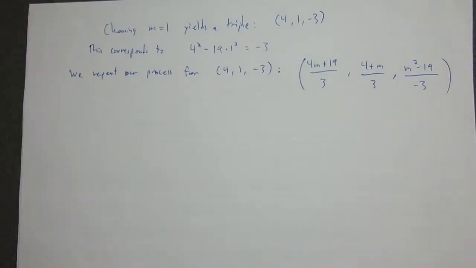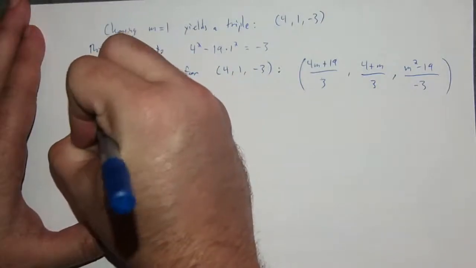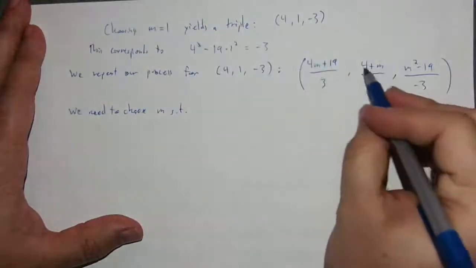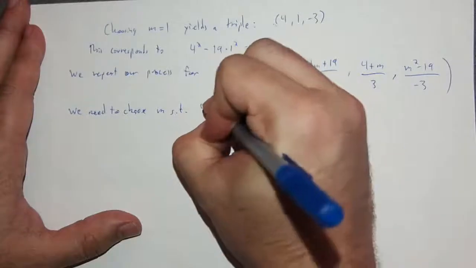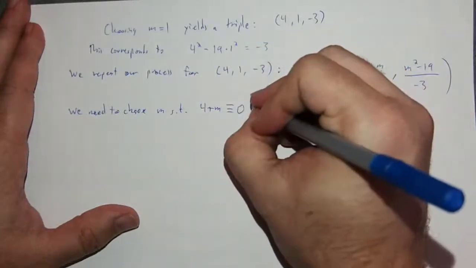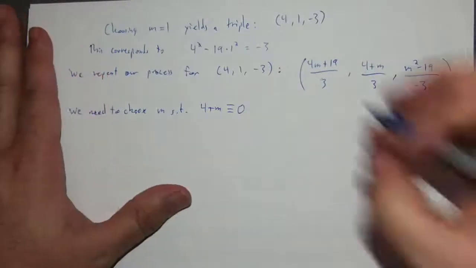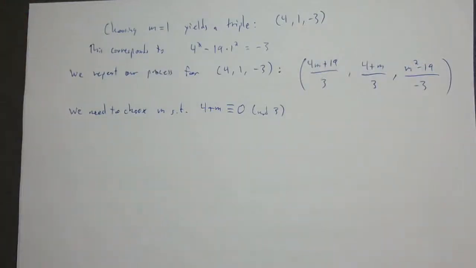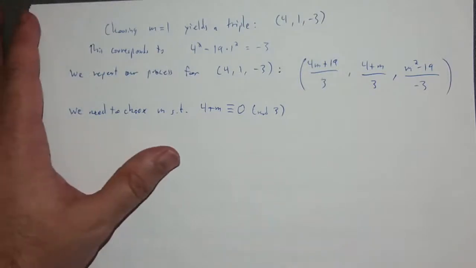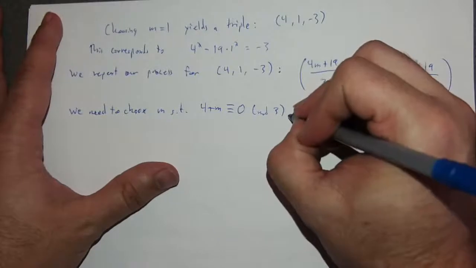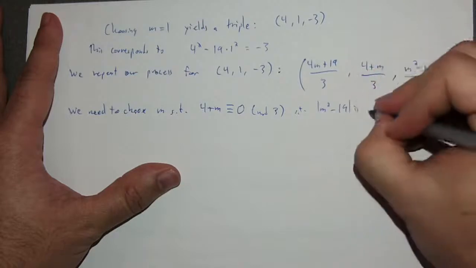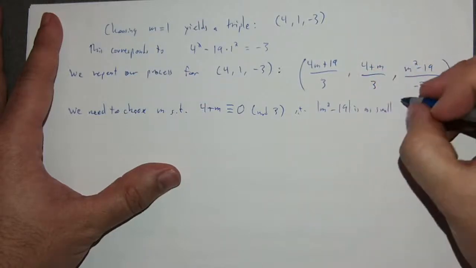Okay. So we need to choose m such that, going to the middle slot, it's the numerator, so we need 4 + m to be congruent to 0 mod 3, such that m squared minus 19 is as small as possible, or rather, as I said, its absolute value is as small as possible.